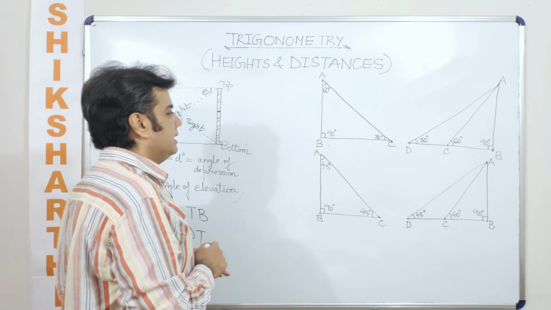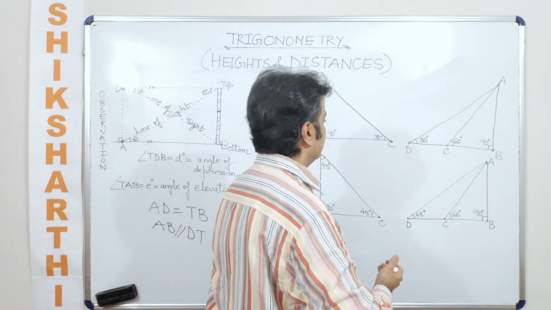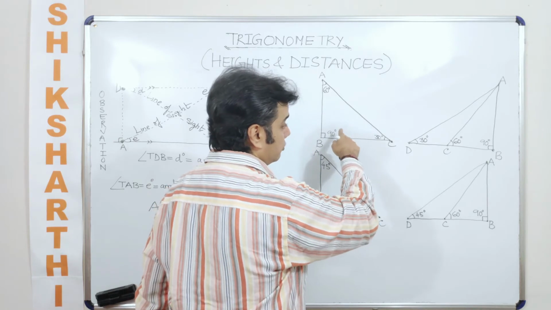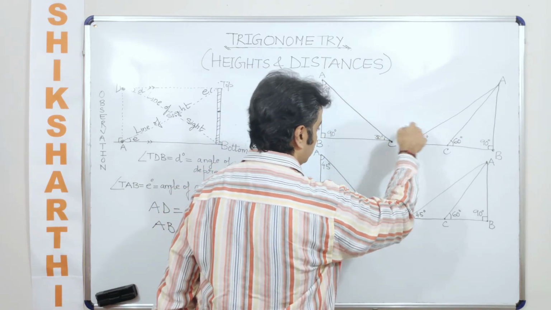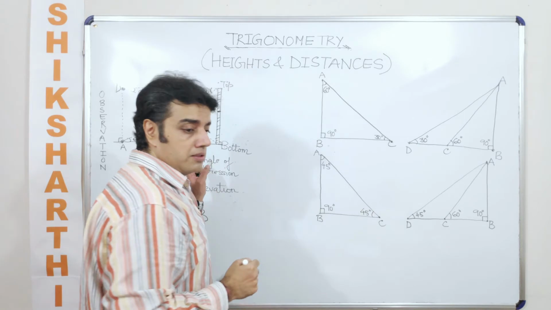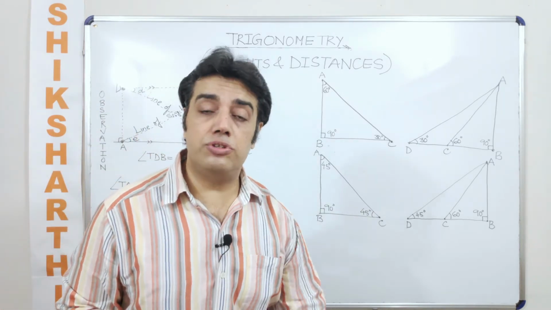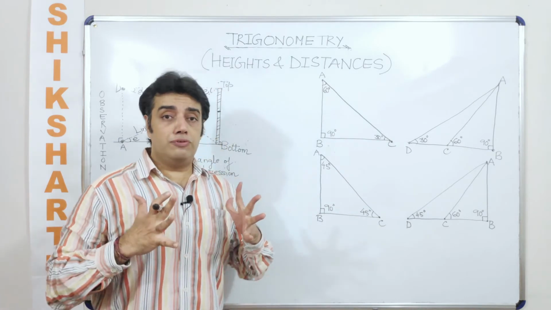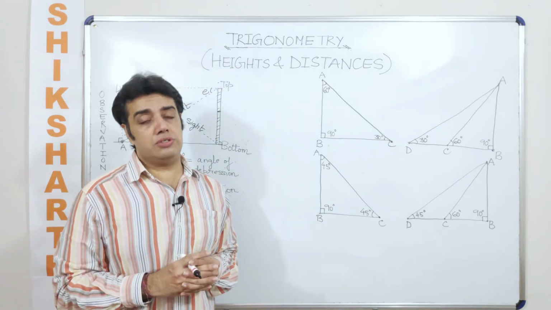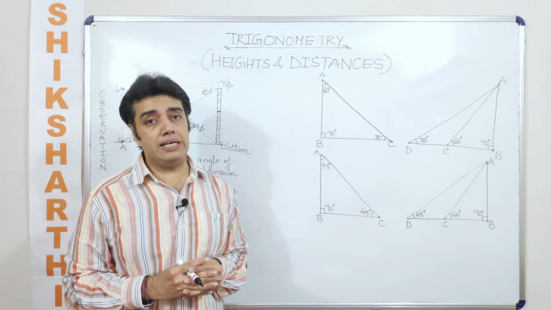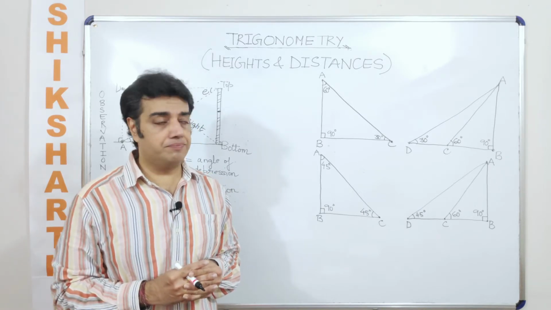So when I take this to the next level, what are the kind of questions that they can give to you? I am going to discuss another 4 concepts, 1, 2, 3, 4. I've already discussed 2 concepts. If you go through these concepts, then the questions on heights and distances become easier to comprehend and do completely.